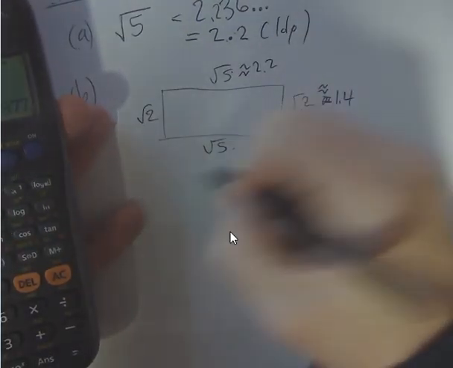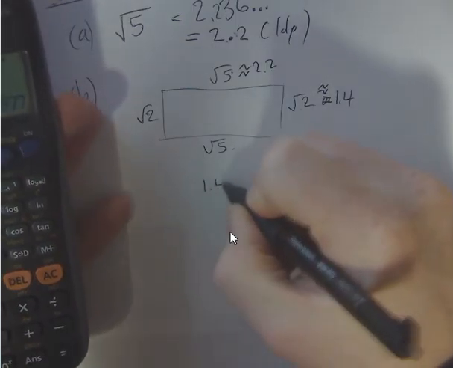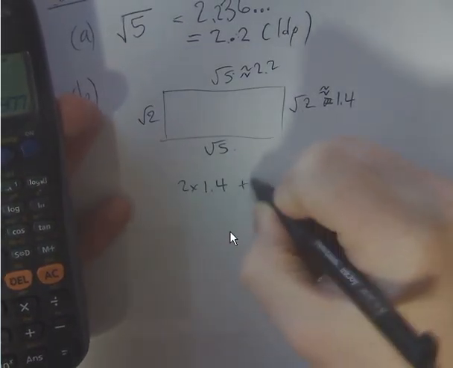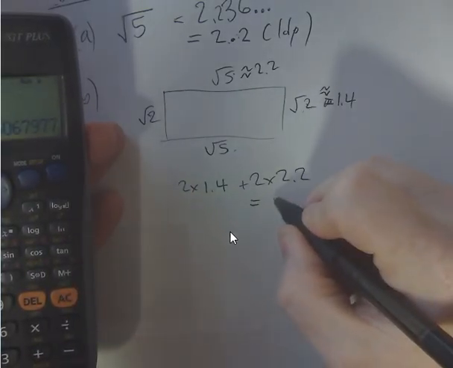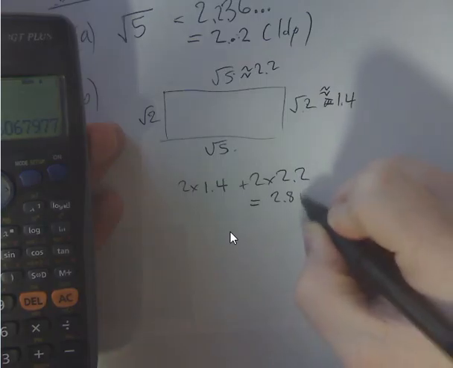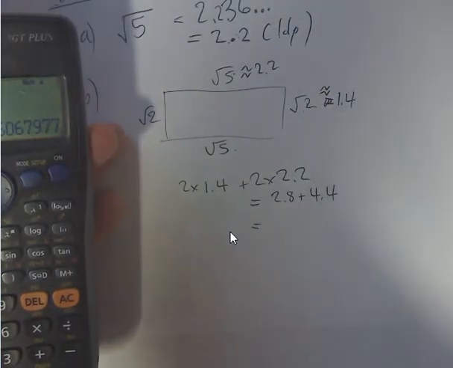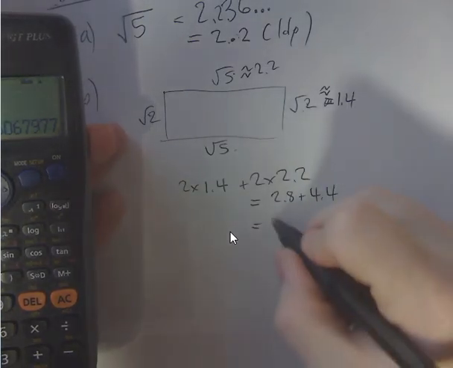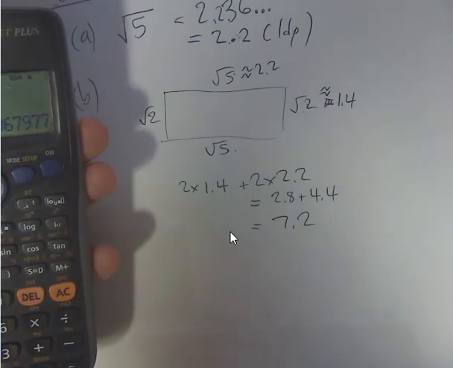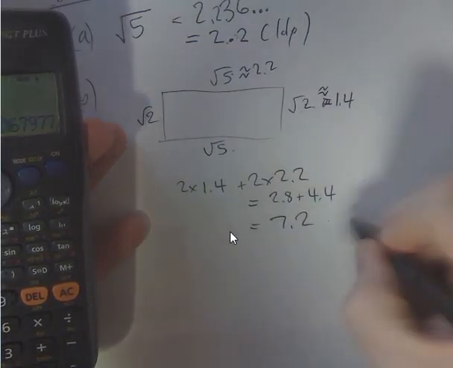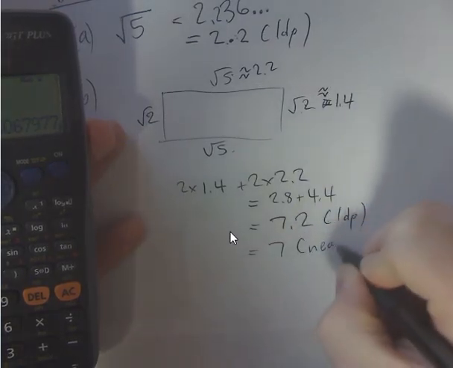So the answer where you use the rounded answers from the previous part is 2.8 plus 4.4, which is 7.2, which is to one decimal place, and to the nearest whole is 7.